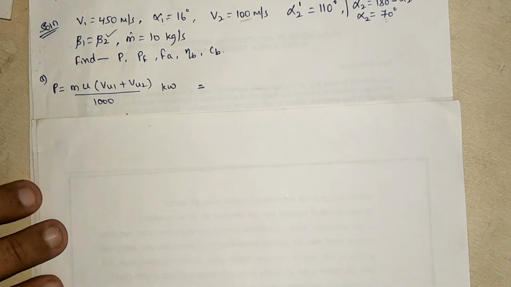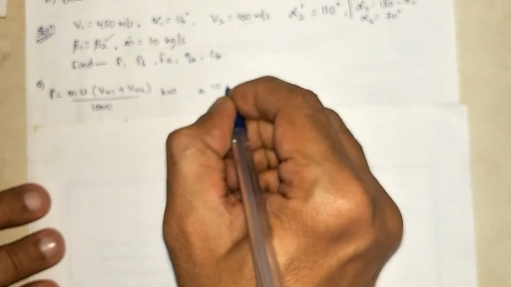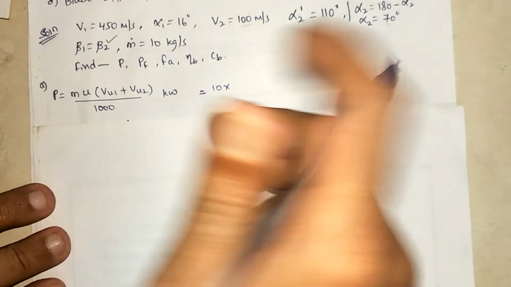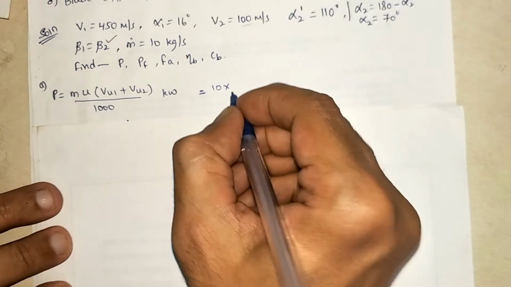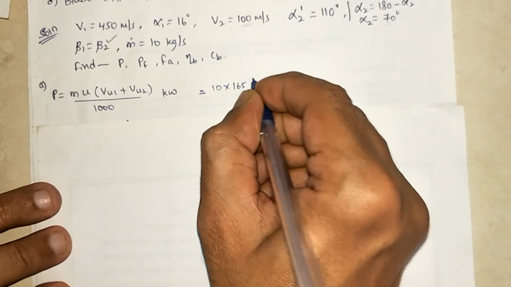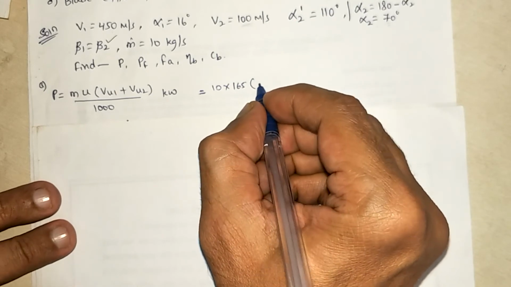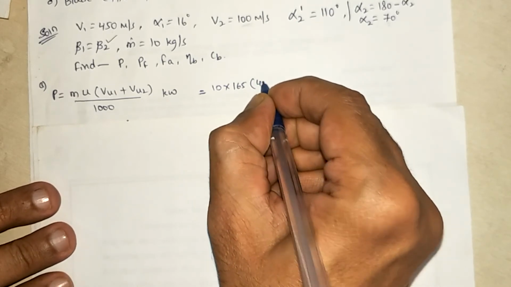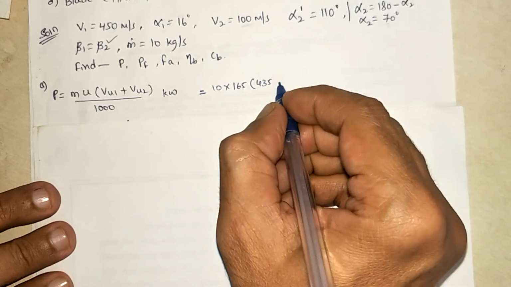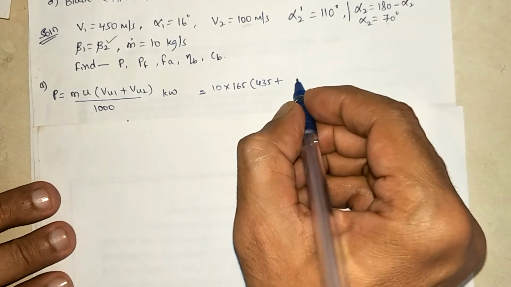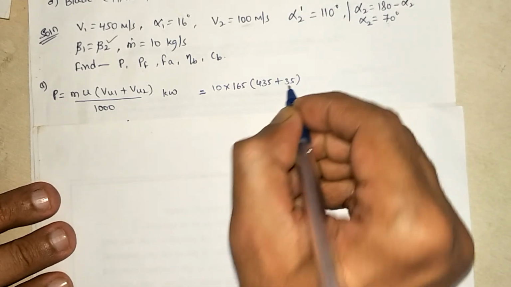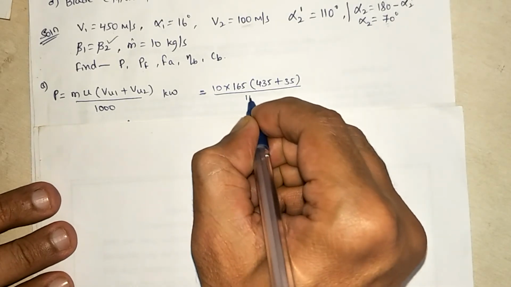Mass flow rate is given, 10, into u, which is 165, into VU1, which is 435, plus VU2, which is 35, and we divide by 1000.